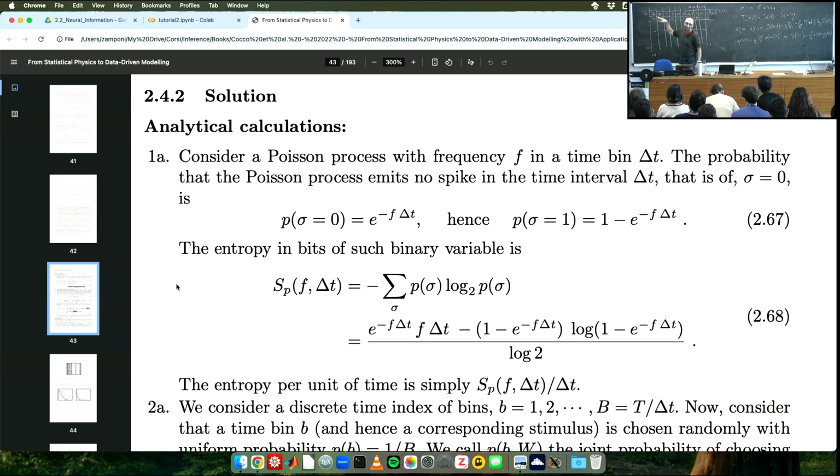You put a 1 if there is at least one spike, so the neuron is active, and you put a 0 if there is no spike. So you have this sequence of bits, and you have 120 repetitions of the experiment.